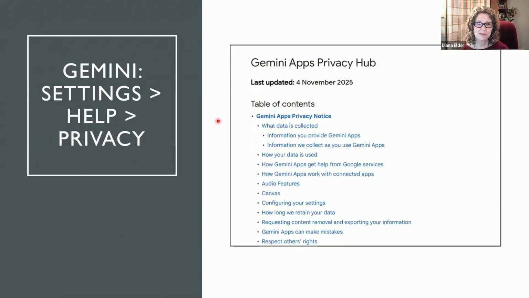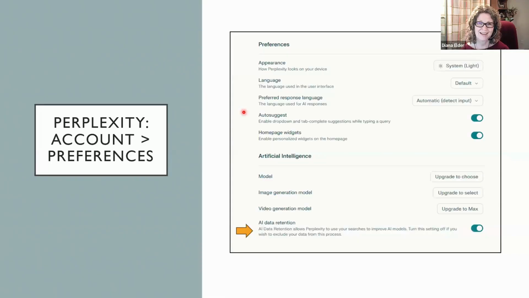And then when you go to Gemini settings and help and privacy, it basically is telling you all about their privacy, but it's a little bit trickier to figure out exactly where to turn anything off. So that's why I just am a little bit leery of Gemini and any kind of data that I would put out there. I wouldn't. And then Perplexity, you go to account and preferences, and you can turn off the AI data retention.